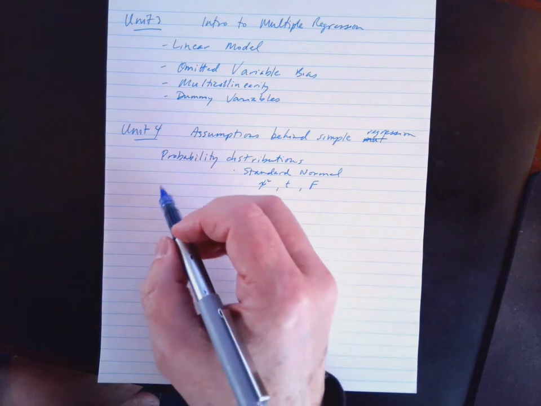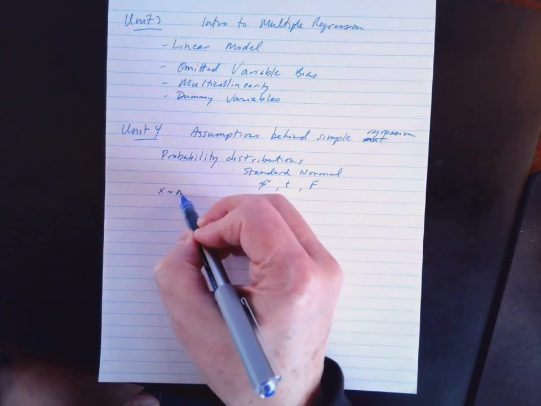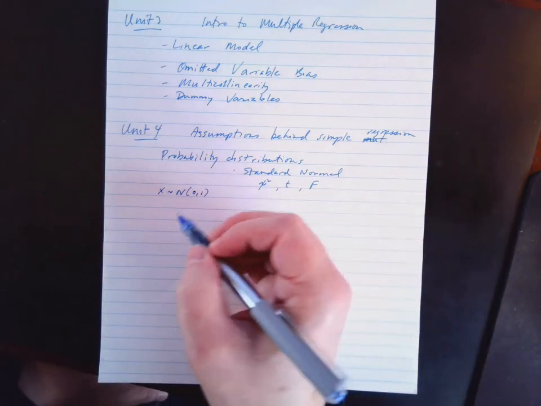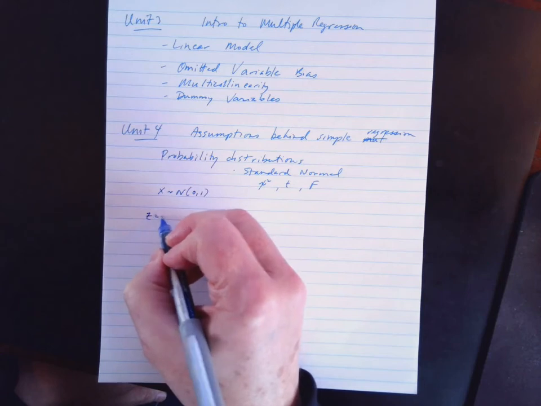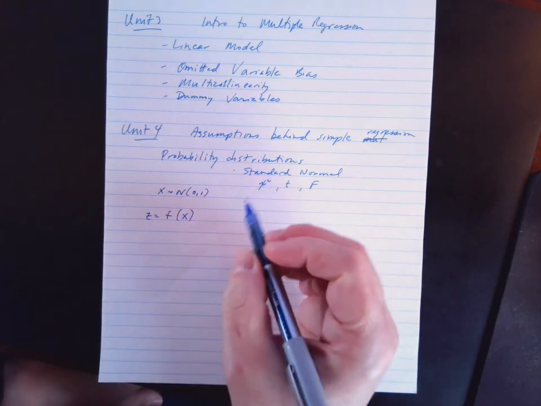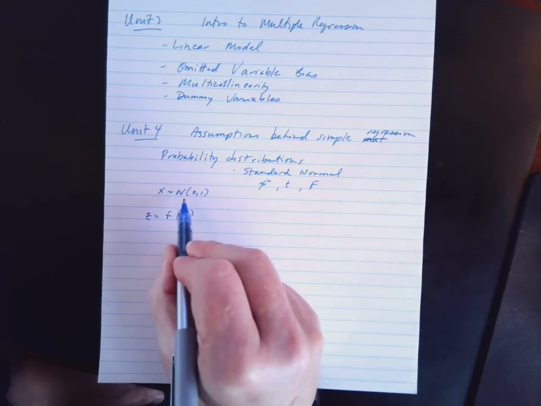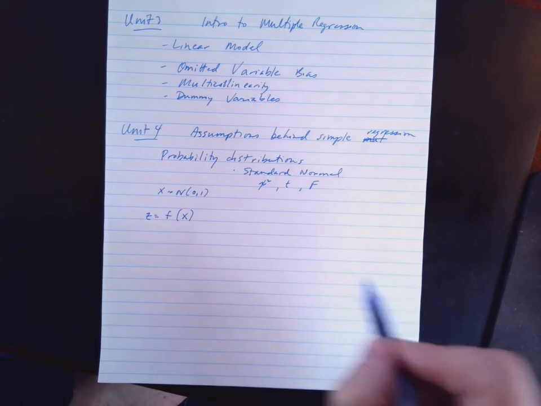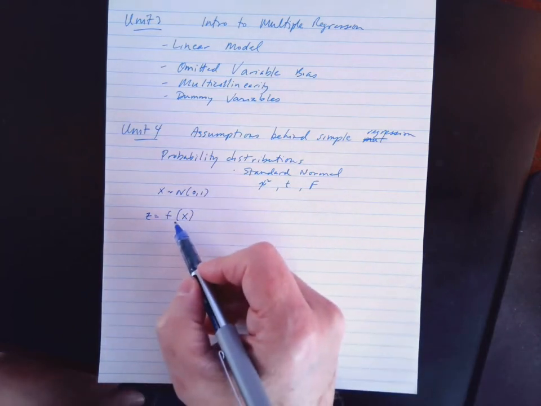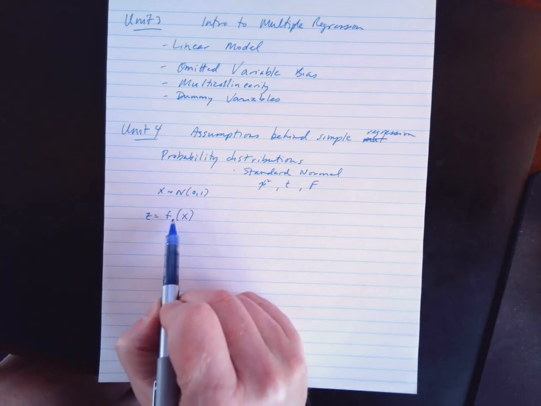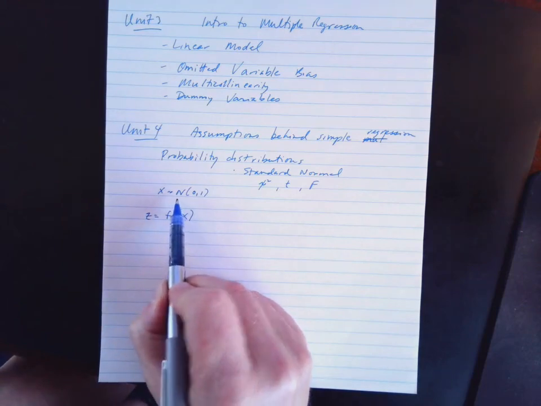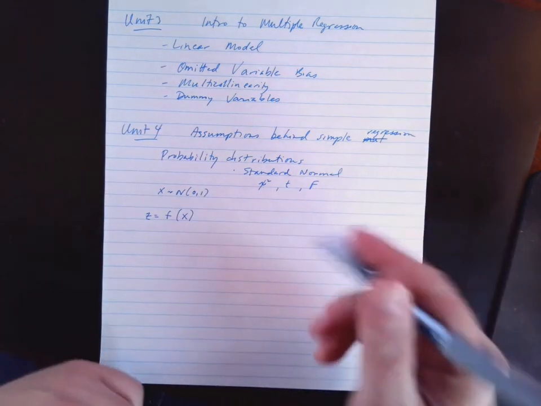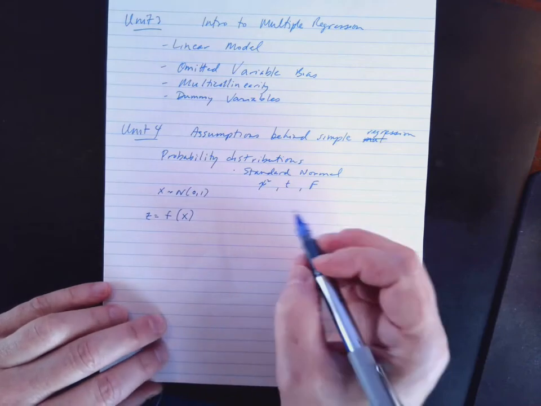Essentially the issue is that if you have one variable that follows a normal distribution, and then you have another variable, say z equals some function of x, then z doesn't necessarily follow the standard normal. It follows a different distribution based on that function. And so if, for instance, z is x squared, that's a chi-squared distribution. And there are other transformations that lead to the t and the f distributions.